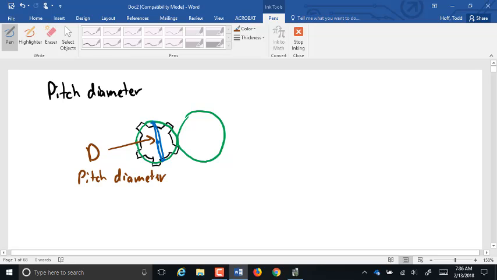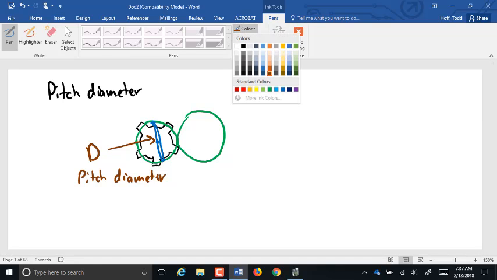The pitch circle has no number, but there is something called the circular pitch. If I remember right, the circular pitch is the circumference of that pitch circle.